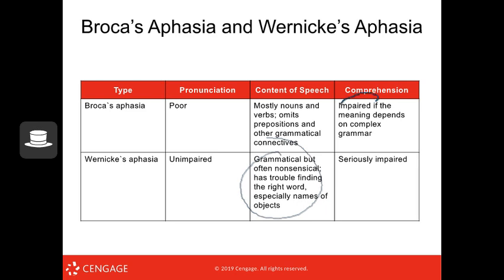With Broca's aphasia, comprehension of words might be limited if the meaning depends on very complex grammar, but simple sentences, there's not going to be an issue. Wernicke's aphasia, language comprehension is going to be seriously impaired.